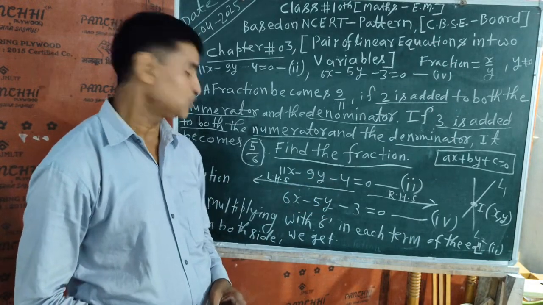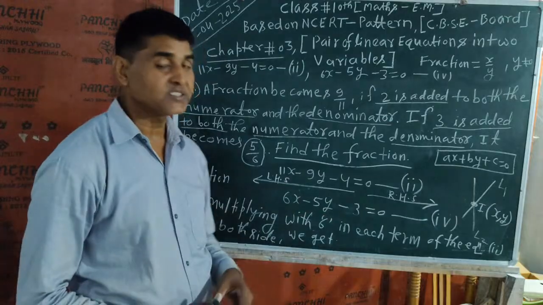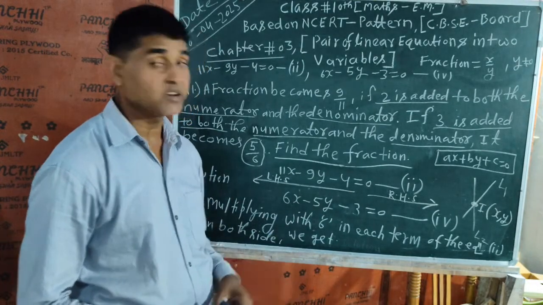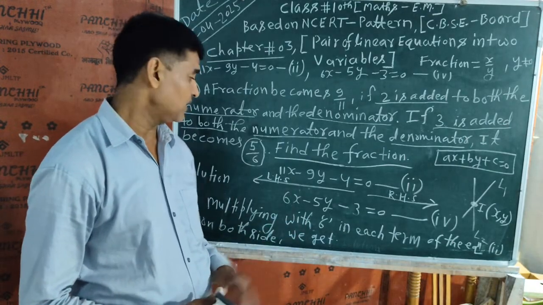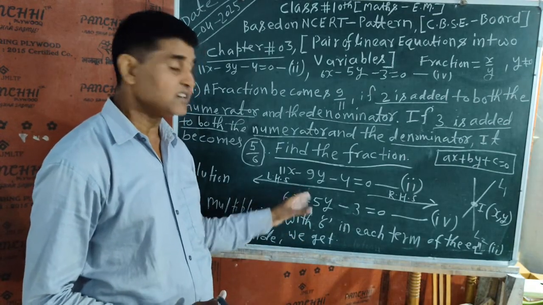So each and every student has to write this information in your notebook, because this is important. Without this information you cannot solve a question which is related to the elimination method.